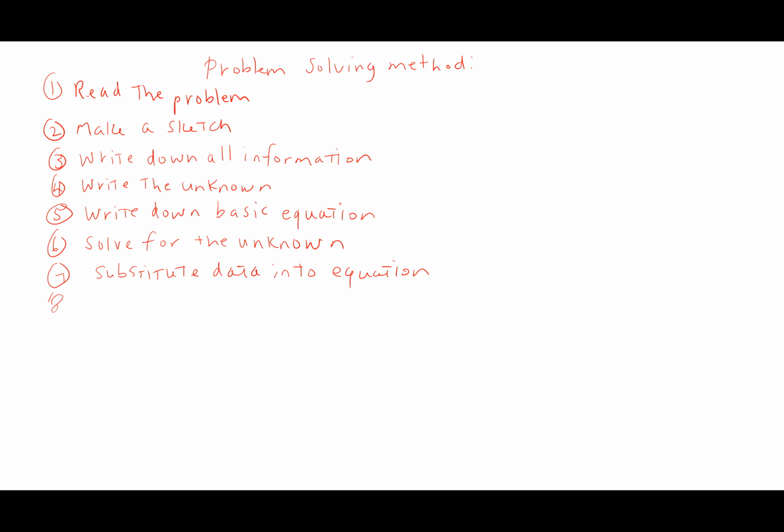Okay, then you're going to perform your operations. And then you can check your answer by working backwards. Okay, so that's all you have to do. Alright, so let's look and see if we can figure out how to do one of these.